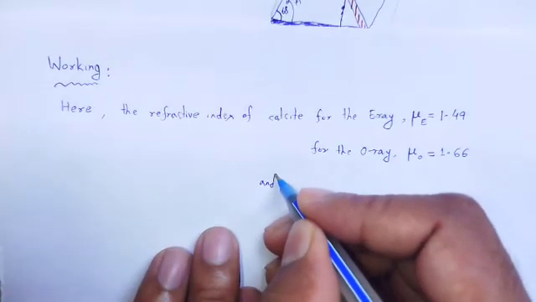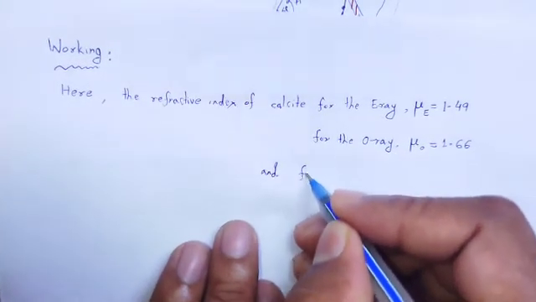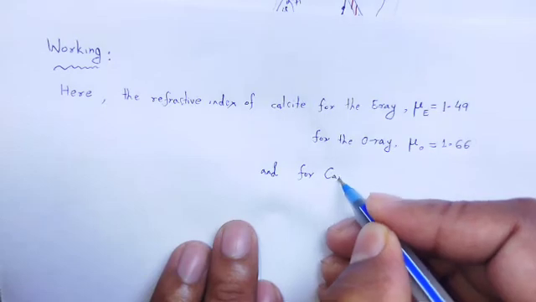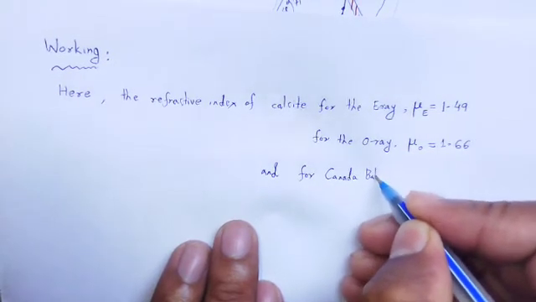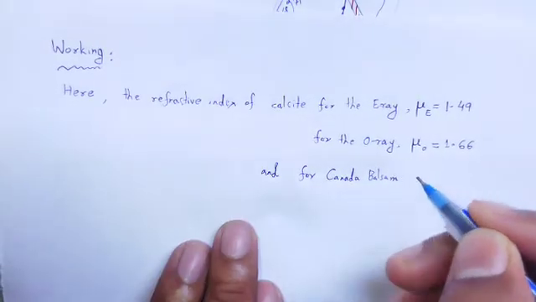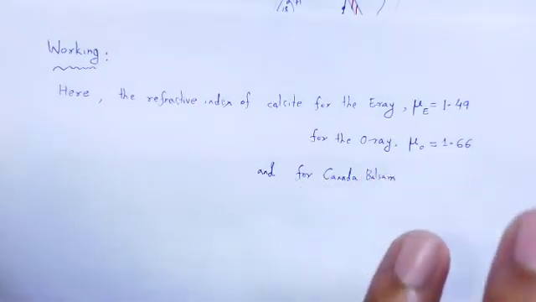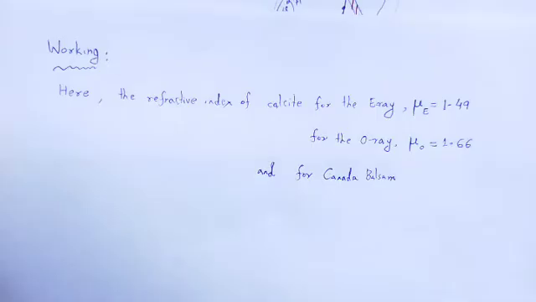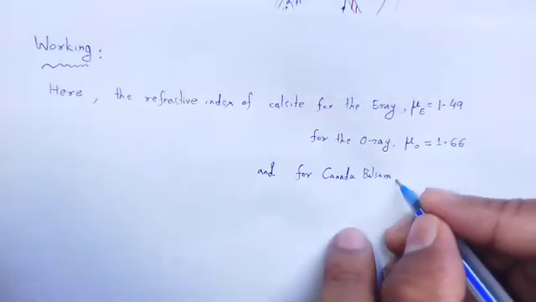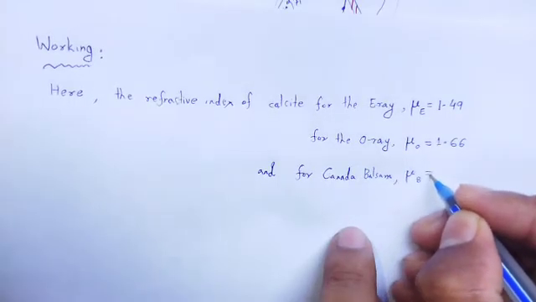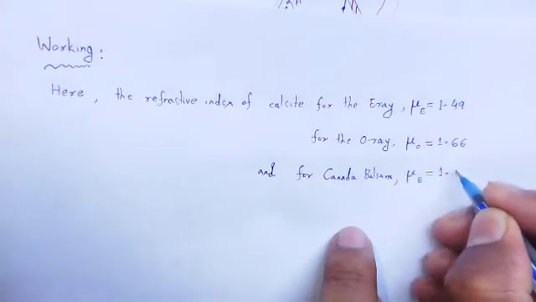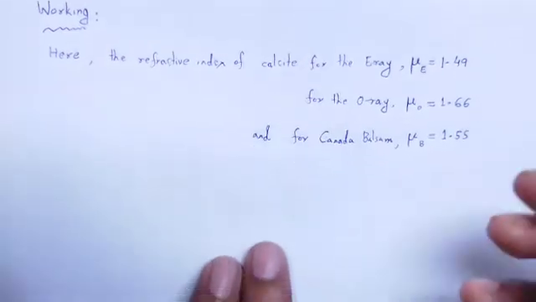And for Canada balsam, the transparent liquid which is used for cementing these two prisms, the refractive index of Canada balsam, mu of B, is equal to 1.55.